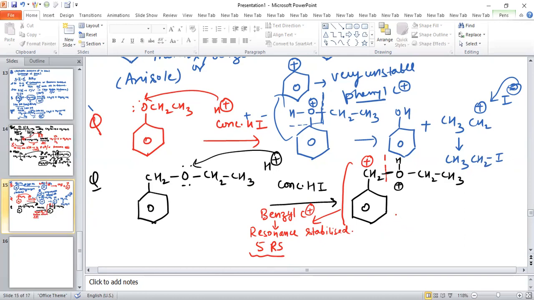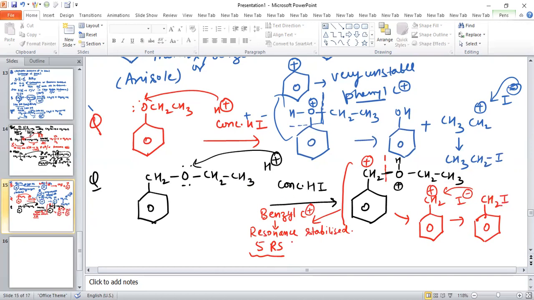So when this carbocation is obtained, I minus will attack on this carbocation. One of the products obtained after the reaction is CH2I. So, resonance stabilized, therefore the mechanism of this reaction will be SN1, because we are looking for resonance stabilization. And the other product is CH3CH2OH. So this is basically the product obtained.